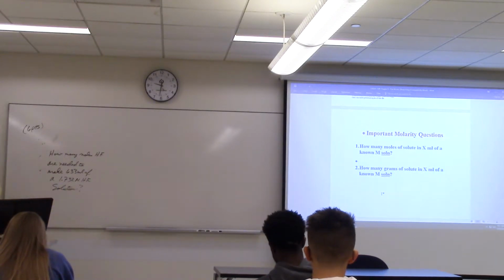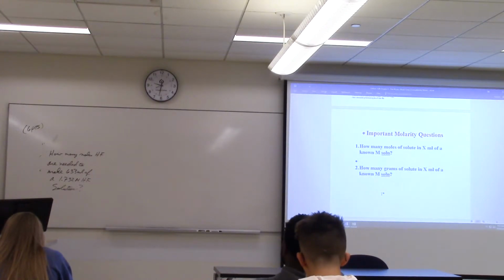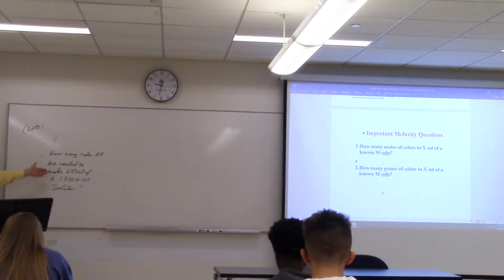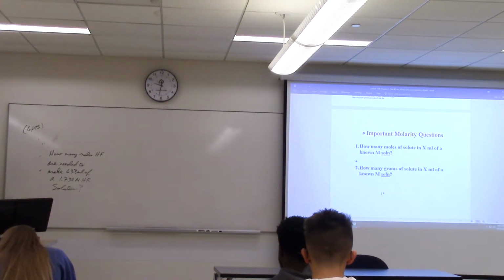And the real thing to do is figure out how to make these solutions. And if we look at this, this is a little different. The question here is, you're trying to make one of these solutions. How many moles of HF, hydrofluoric acid, are needed to make 633 milliliters of a 1.723 capital M HF solution?